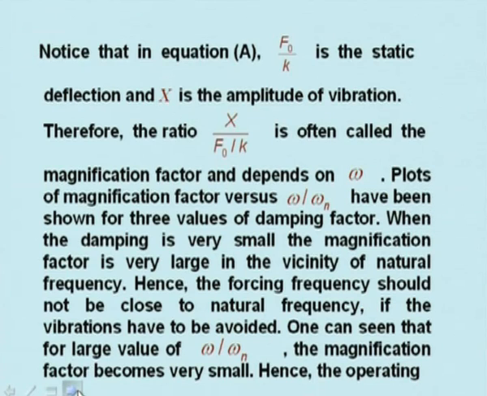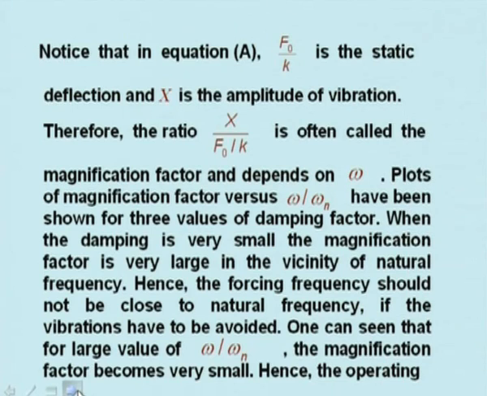Therefore the ratio x by F0 by k is often called the magnification factor. It tells how many times the dynamic amplitude is more than the static deflection, and depends on omega.